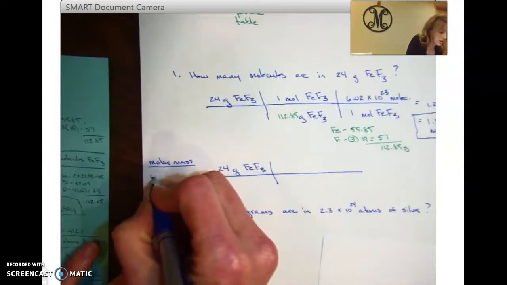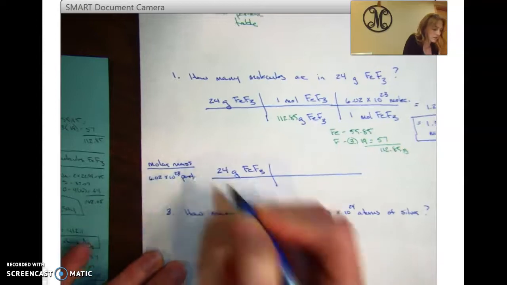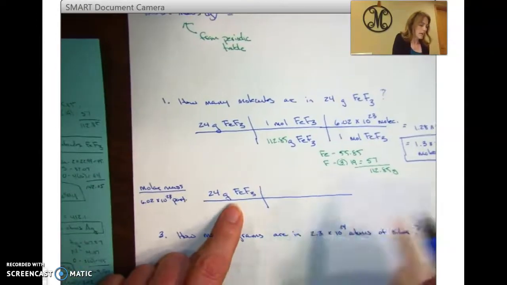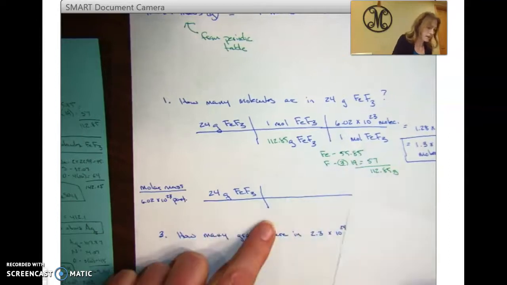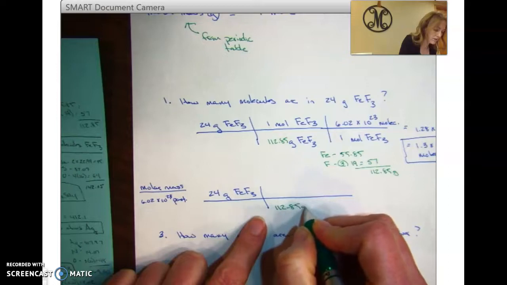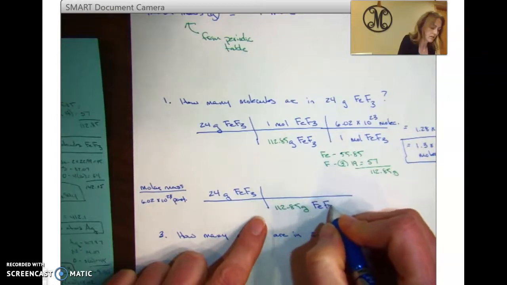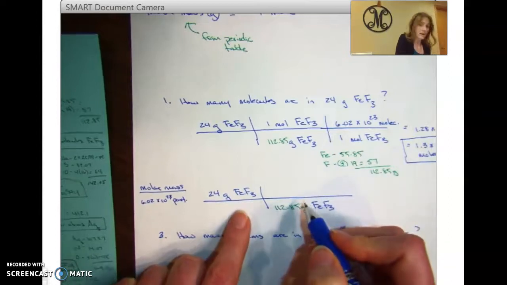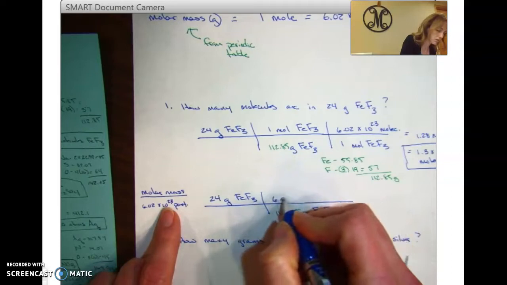will have 6.02 times 10 to the 23rd particles. So the molar mass, again, we take the number that we had up here. We know that 112.85 grams of FeF3 will have 6.02 times 10 to the 23rd particles.